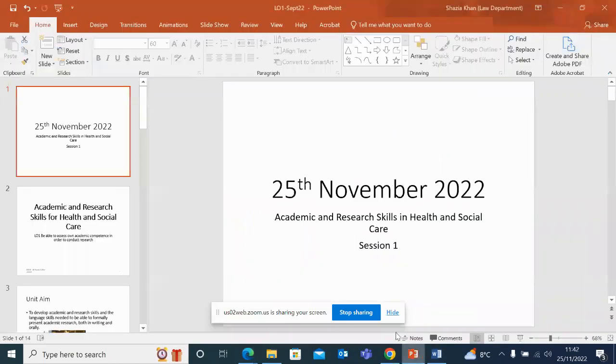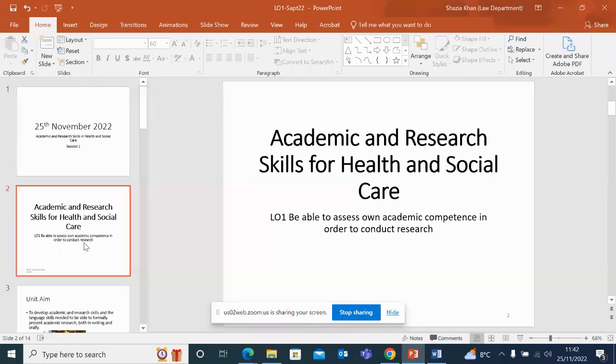So today's learning outcome is session 1, which is to do with academic research skills in health and social care. We're going to be looking at the first learning outcome, which is to be able to assess your own academic competencies in order to conduct research.